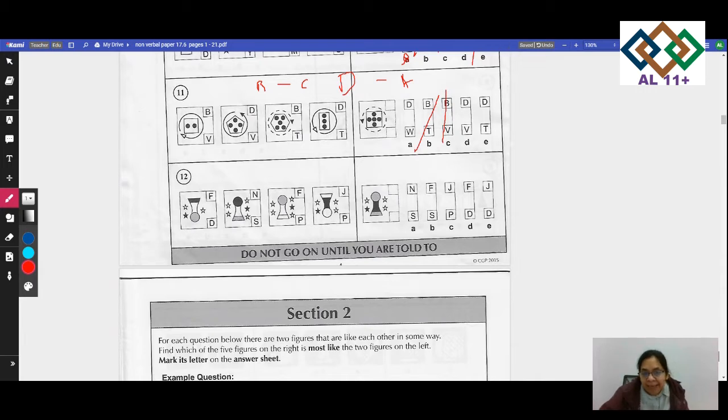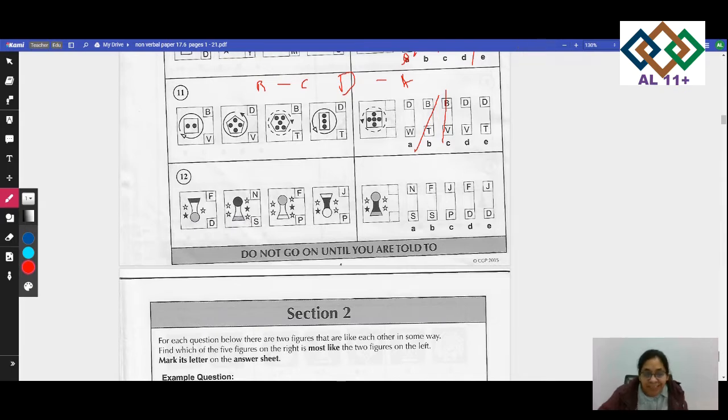And the next thing is between W, V, and D. If I look at this one here, look at the arrow, what's happening here?